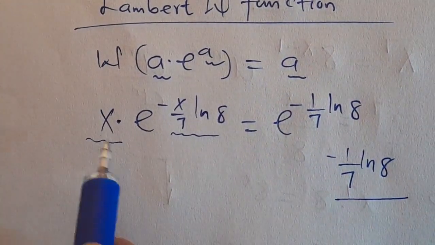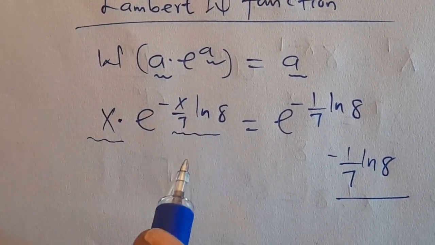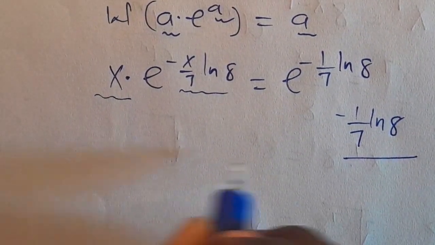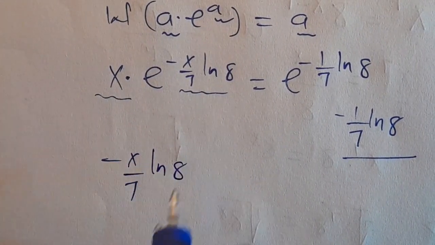The moment we multiply it by this, we can see that we are going to have the base and the power to be the same at the left hand side. By multiplying through by this, we have minus x divided by 7 ln of 8.